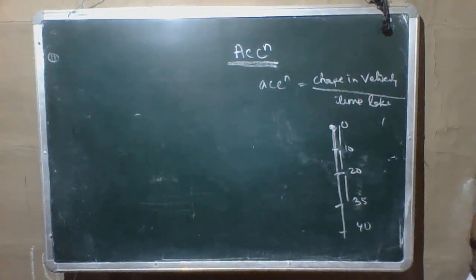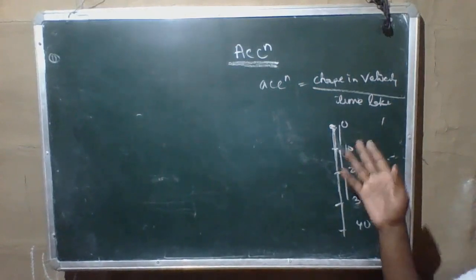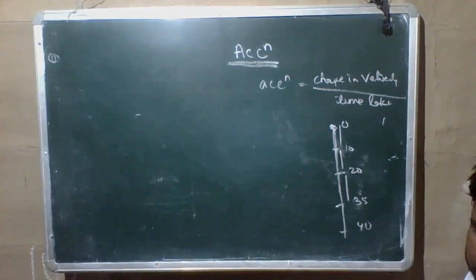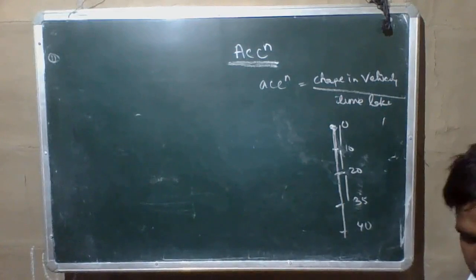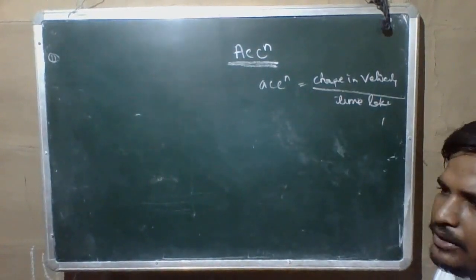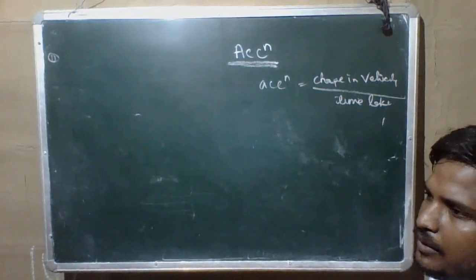Whatever equations of motion we studied in class 9, all will be uniformly accelerated motion, where the acceleration remains the same. That is called uniformly accelerated motion. Already you understood what is non-uniform acceleration and uniform acceleration.